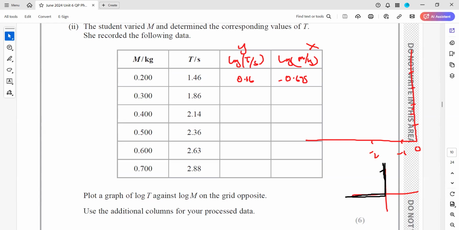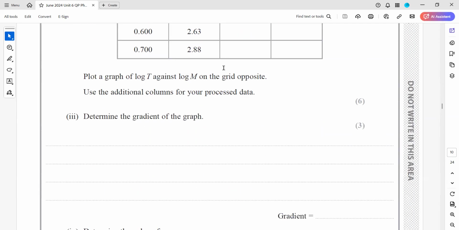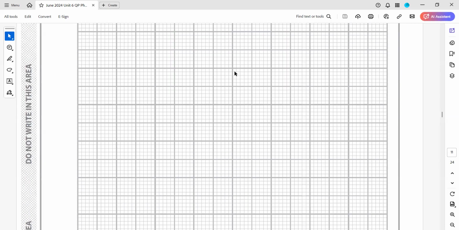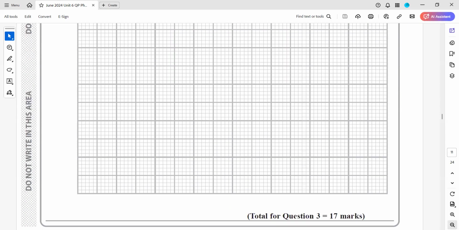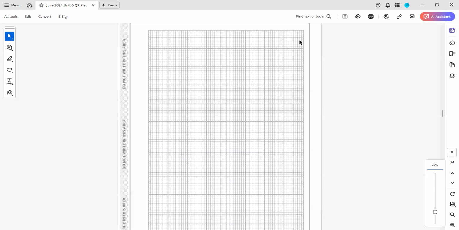If you had a positive y-axis and positive x-axis, the scale would be like this. If you have a positive x-axis and negative y-axis, the graph will be in this quadrant. So we'll plot the graph accordingly. When you make the scale, take this as your positive y-axis, the other one as the x-axis, and then write the numbers.